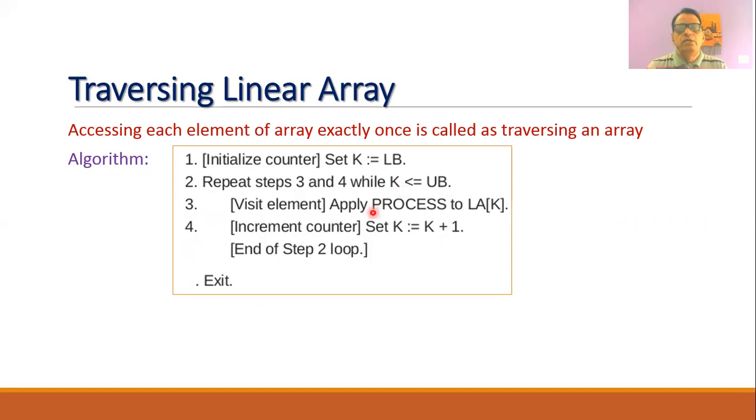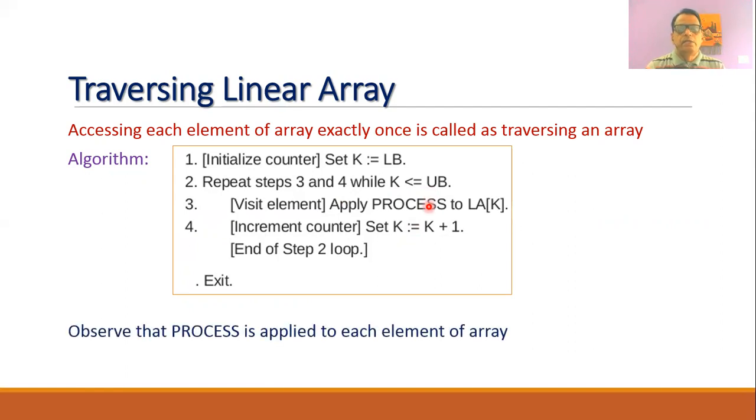We access the element LA[K], and then we increase the value of K by 1 every time so that we can access the other elements of the array. This process is repeated until K is greater than the upper bound; that is, we are visiting each element of the array.